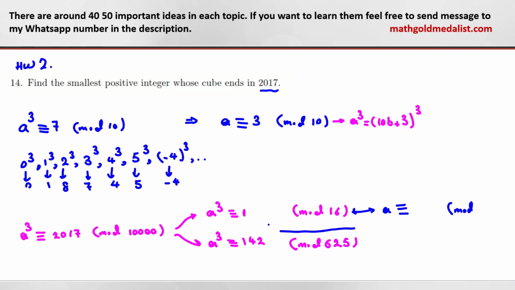A is congruent to 1 mod 16. You should find all options. Maybe one is okay, but try to see do we have any other options or not, okay? Try this one first on your own.